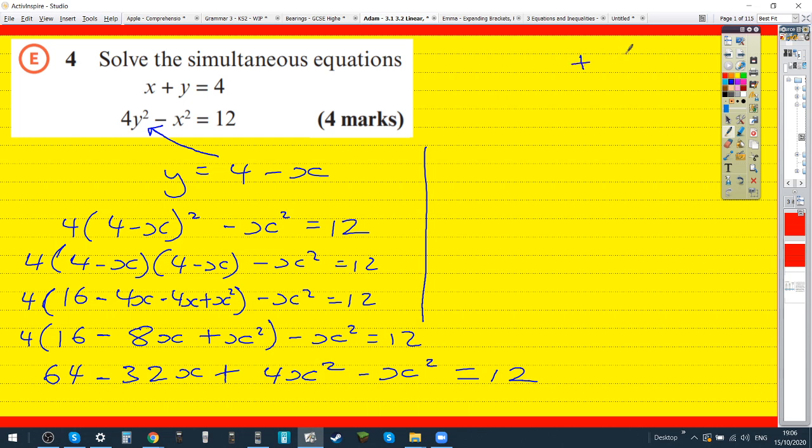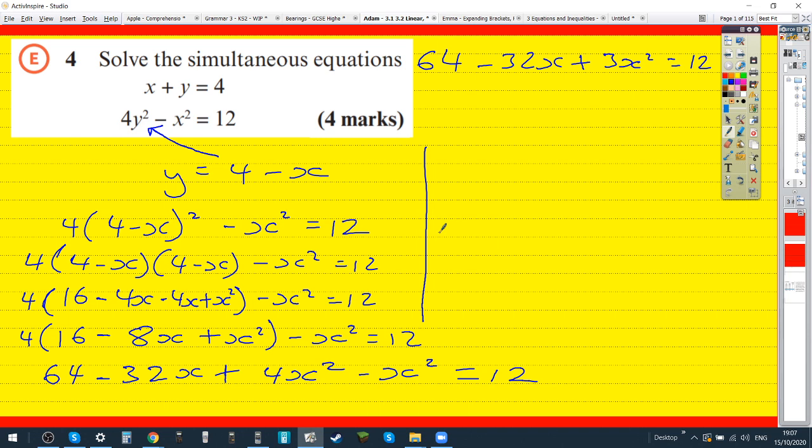What did you say? I said 16 minus 32x plus 3x squared. You did 4 times 16 and got 64. Oh, yeah, sorry. It'd be 64 minus 32x plus 3x squared equals 12.